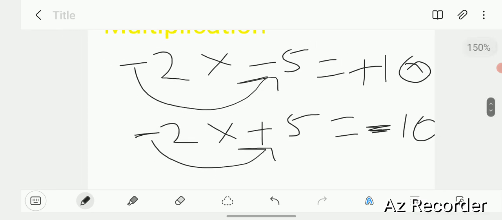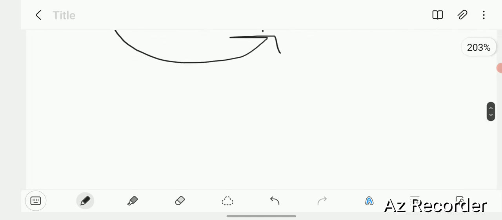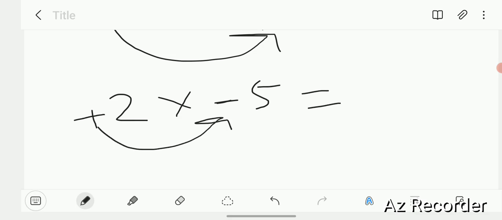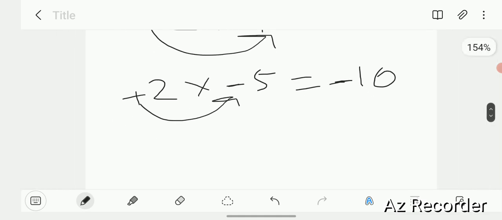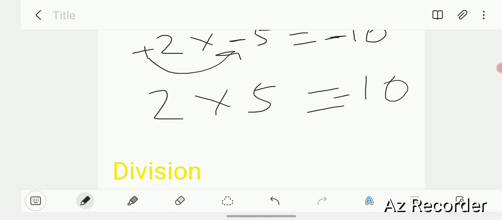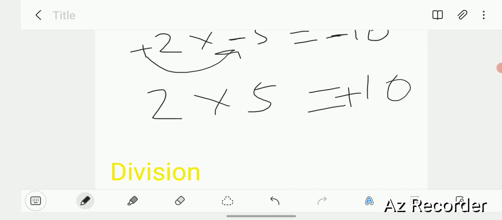Next, 2 into minus 5 equal to, this is plus into minus, minus 2 5s are 10. Next, we will be having 2 into 5, means plus 2 into plus 5, the answer is always plus 10. This is how you need to do the multiplication in the case of integers.